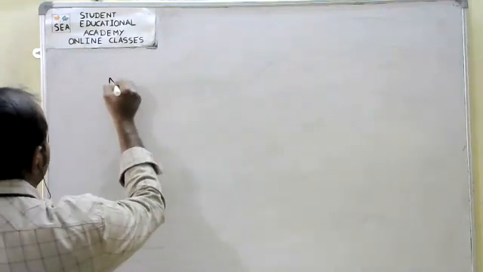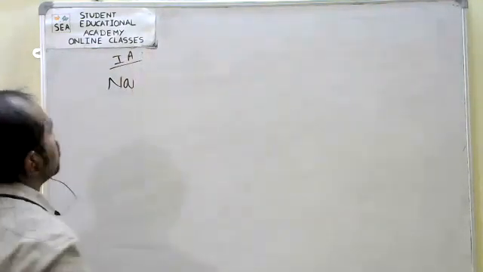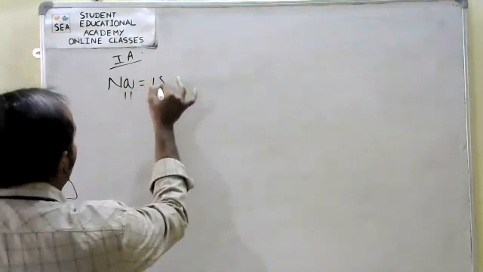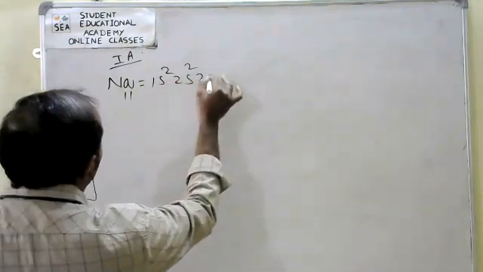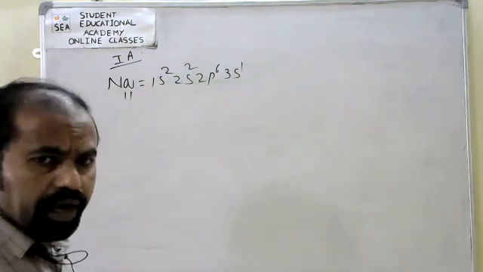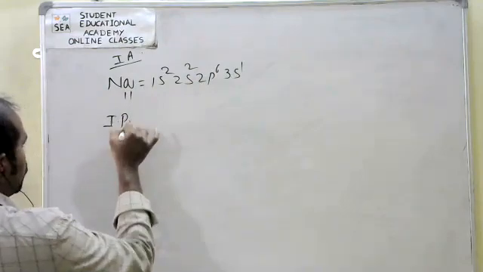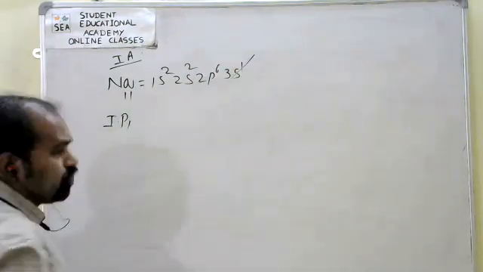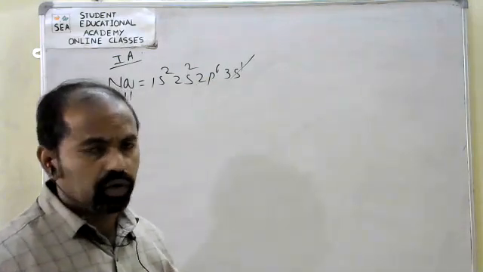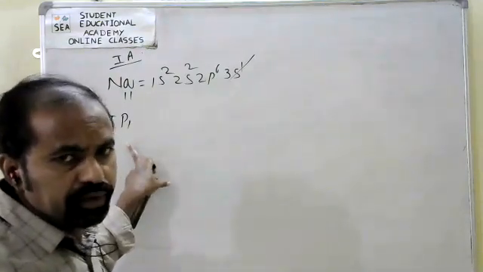If I take Na, it is a first A group element, atomic number 11, 1s2, 2s2, 2p6, 3s1. Now here, IP1 means the removal of one electron from the outermost orbital. The valence electron, the 3s1 electron that is removed, is called IP1.